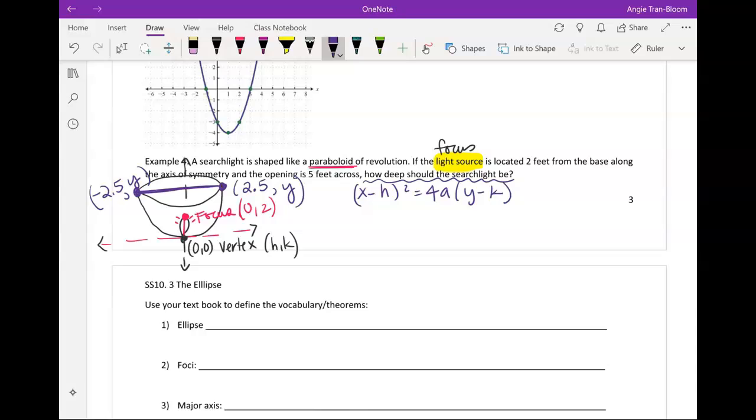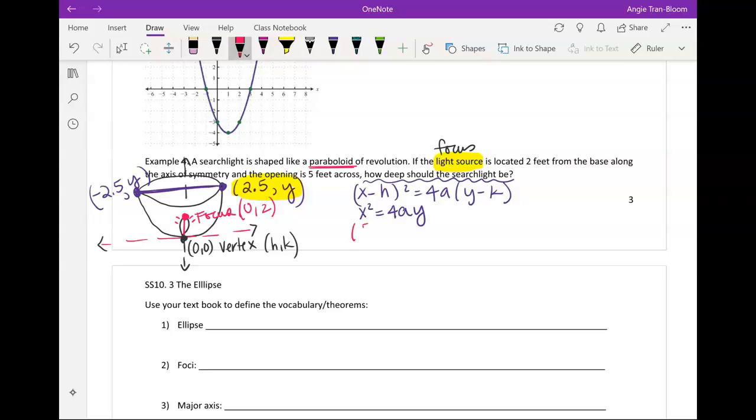Well, h and k are both 0 because the vertex is at 0, so x squared equals 4a times y. If I can find y, then that would be my answer. Well, I do know x. According to this, x is 2.5 when y is unknown. I can definitely plug that in.